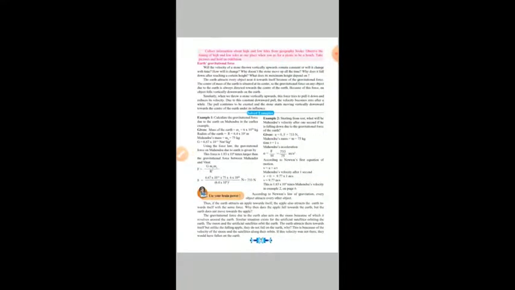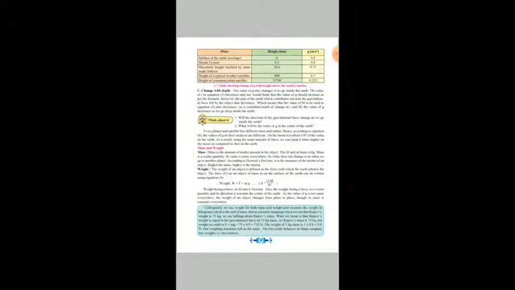After this, you have studied the Earth's gravitational acceleration, where you have derived g and its value, which is 9.77 meter per second square. You have also seen the variation in the value of g, which changes with height as well as with depth.